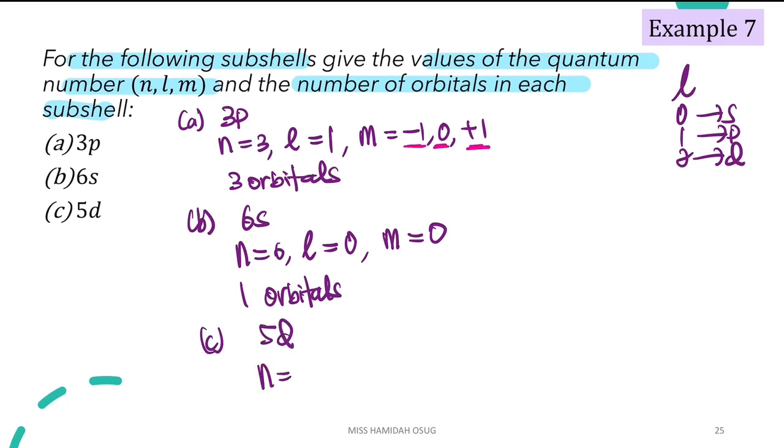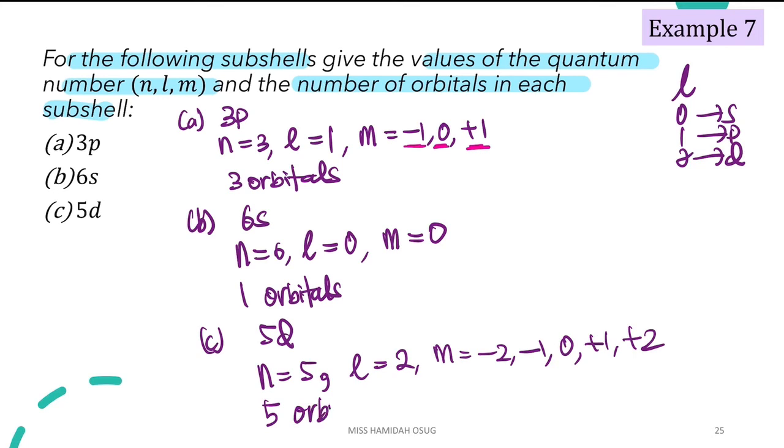Therefore, the value of n is equal to 5, and L is equal to 2 because it is a d orbital. And then, when L is equal to 2, the value of m should be -2, -1, 0, +1, and +2. So, there is a total of 5 orbitals in the 5d subshell.